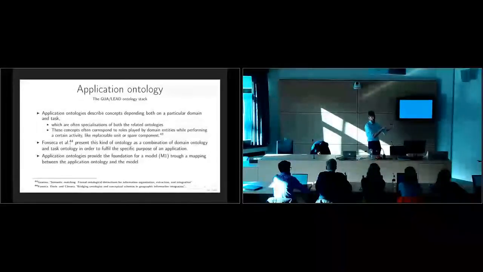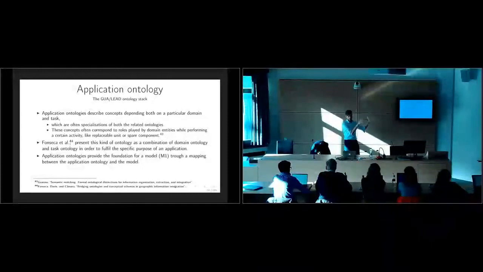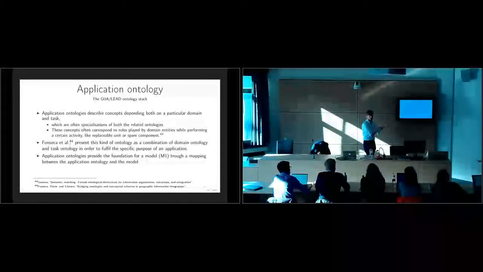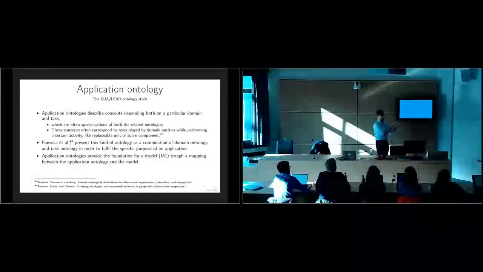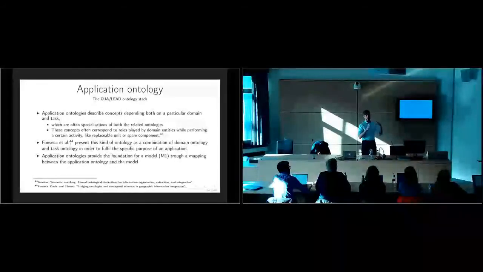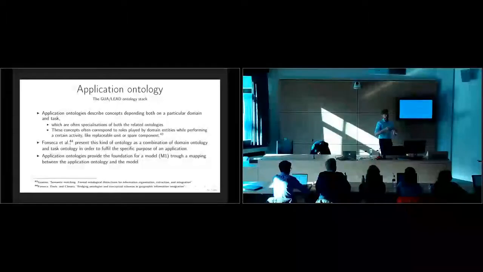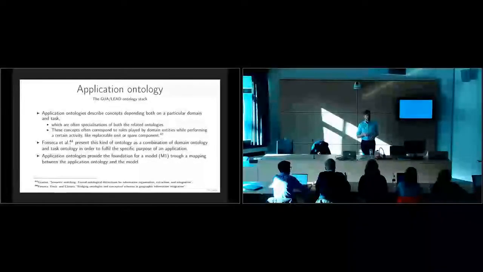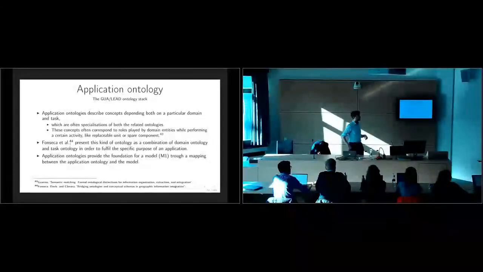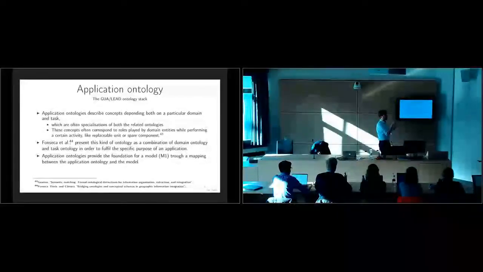So the domain ontology is there to know what exists and what can be used in the application. The task ontology tells you how you get things done. And then in the task ontology, you fill in the domain slots to build the application ontology. If you look at it from the domain ontology perspective, you say, okay, this exists, and then you do the cherry picking.